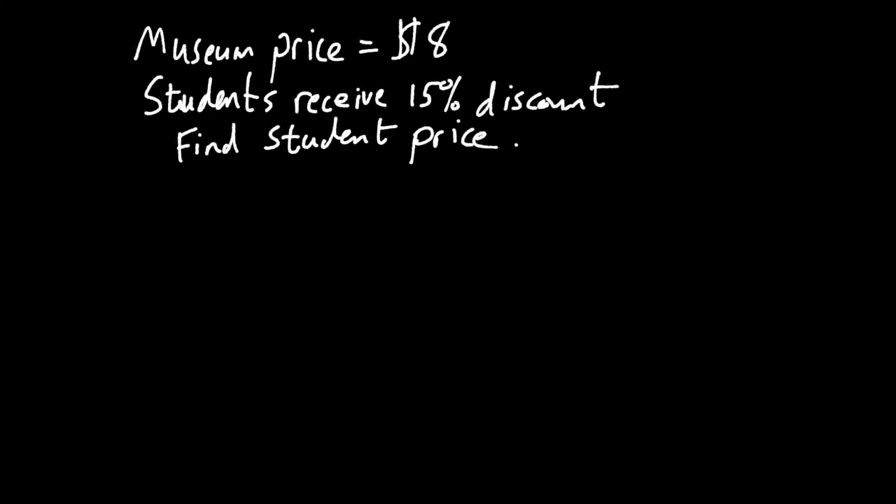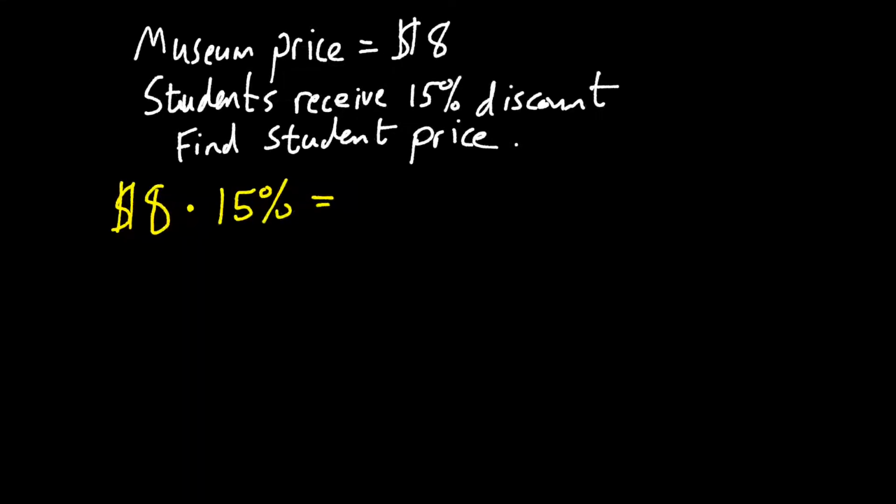So, first thing we're going to do is very similar to the first step from last time. We need to find out what 15% of $8 is. So we'll set it up as $8 times 15%.